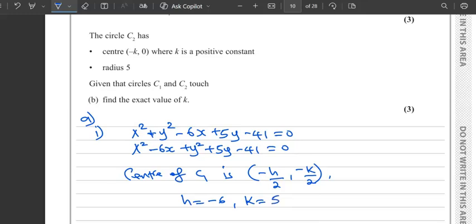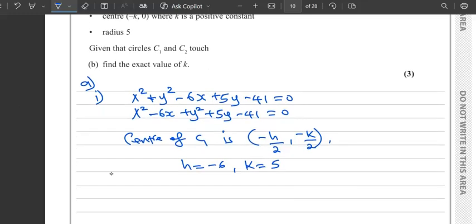Now once we substitute this back into the formula, the center of C1 will be negative 6 over 2, negative 5 over 2.